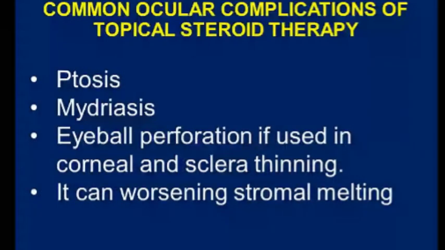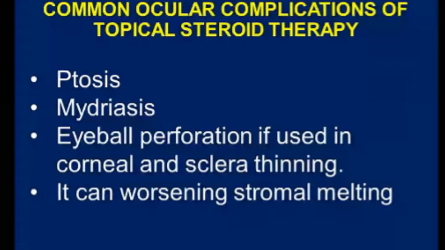Abuse, prolonged use, can cause ptosis and mydriasis. Mydriasis, I mean, is dilation, dilated pupil. It can also cause eyeball perforation if used in cornea or sclera that is already thinning. That's why I said in compromised corneas like cornea ulcer or foreign body removal, you should avoid steroid.